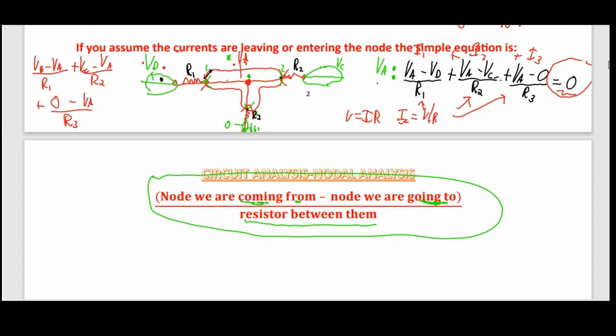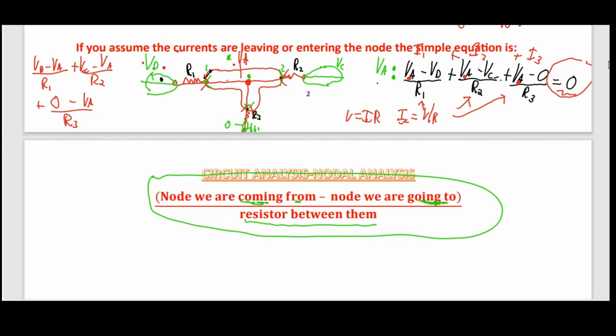All right, so it all depends on what you choose. Personally, I like to assume it's going out, so I can just start with whatever my reference node is, but it all depends on what you choose. Whatever you choose, keep it constant. Don't do going out for one node and going in for the next. You have to use the same thing for all the nodes in the circuit.